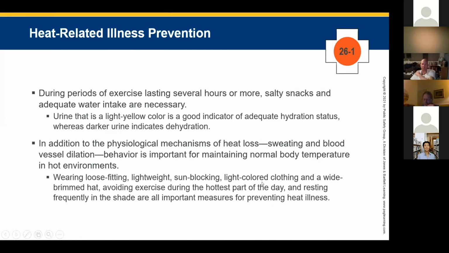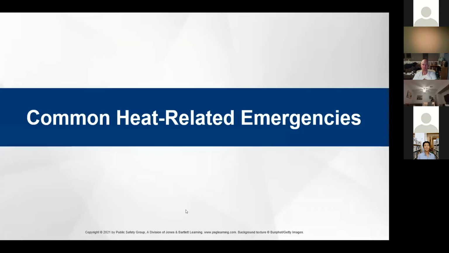But if it's dark, you know you have to drink more fluids. So if you're in the sun, wear loose fitting, light clothing, sunblock, and a brim hat. Did you know that? Okay, let's go here.